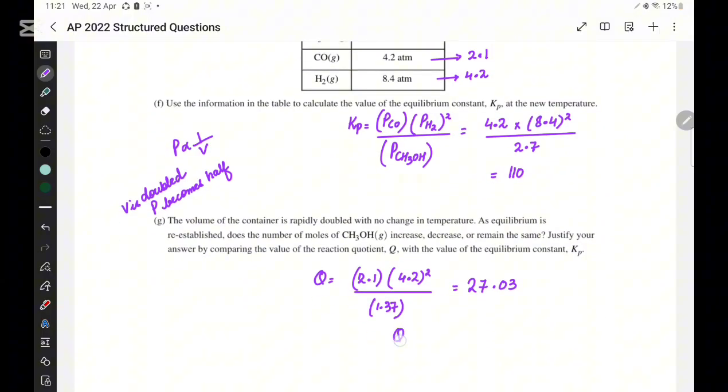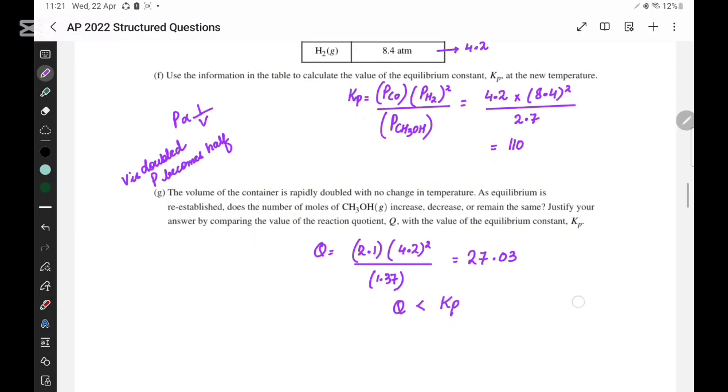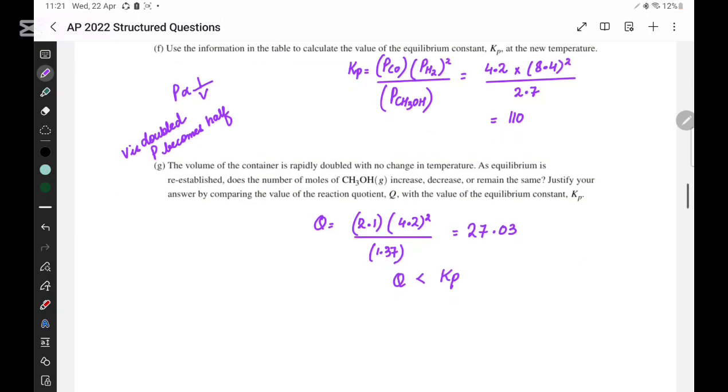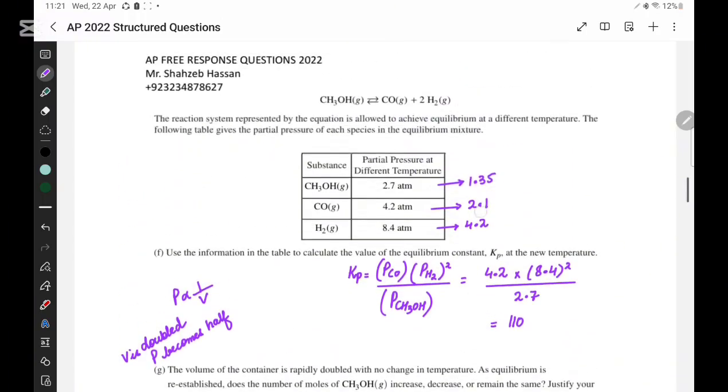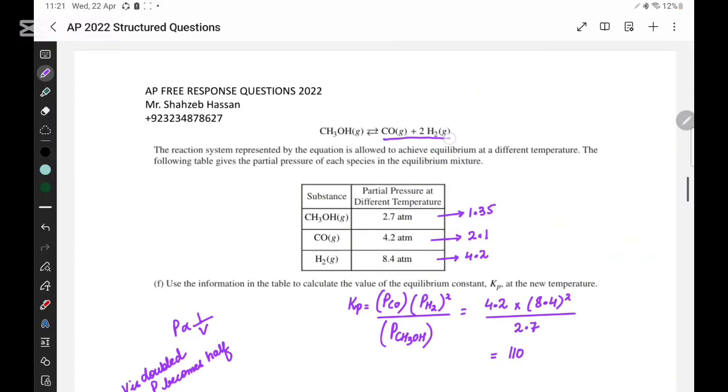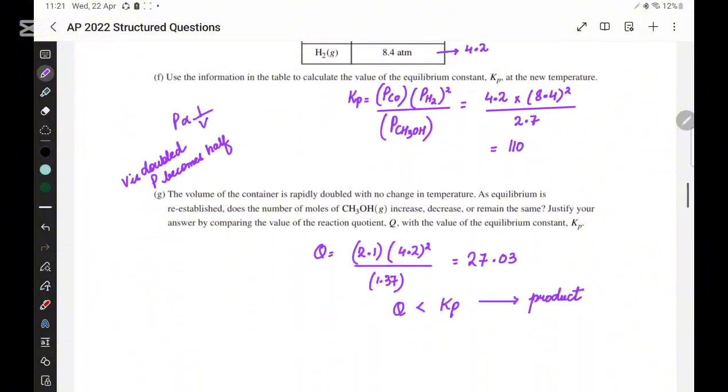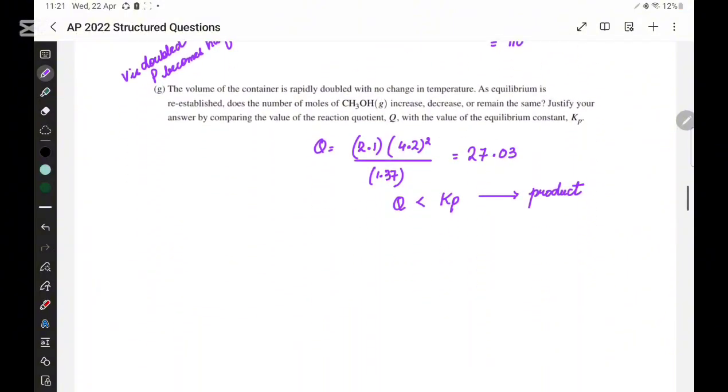As the value of Q is smaller than Kp, the equilibrium moves towards the product side, where we have CO and H2. So we are going to see a decrease in the moles of CH3OH.